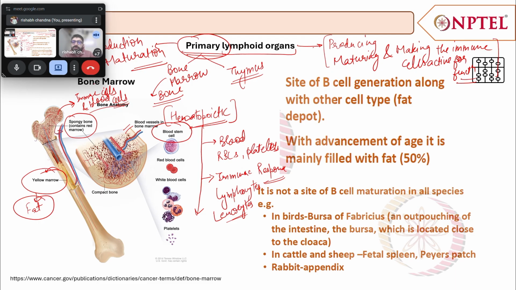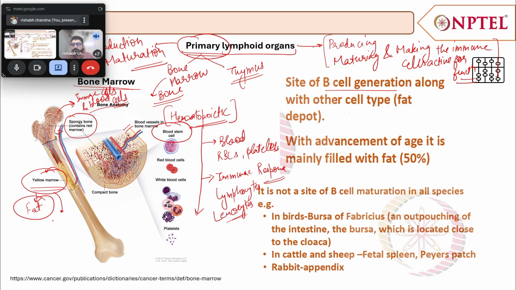This bone marrow is the basic site of B cell generation and maturation. And with age, the yellow marrow that was fat filled increases from 10% to 50%.